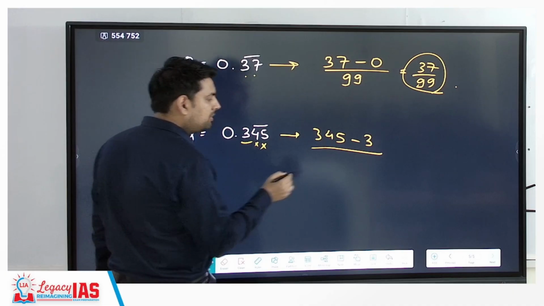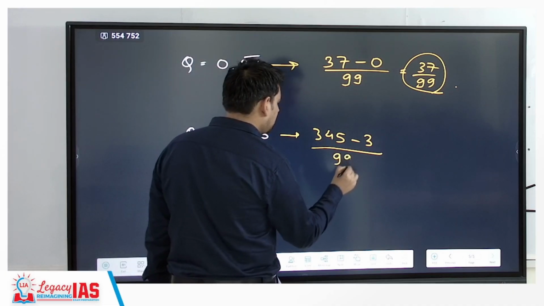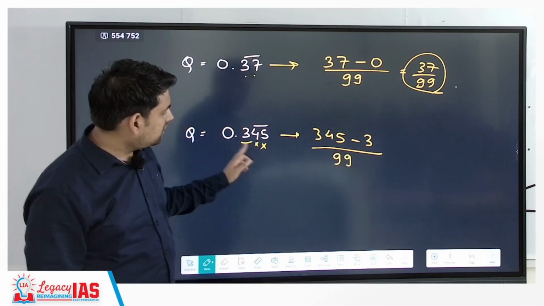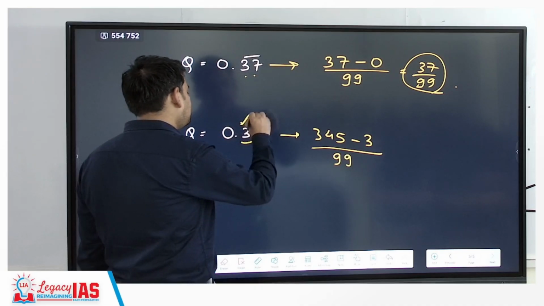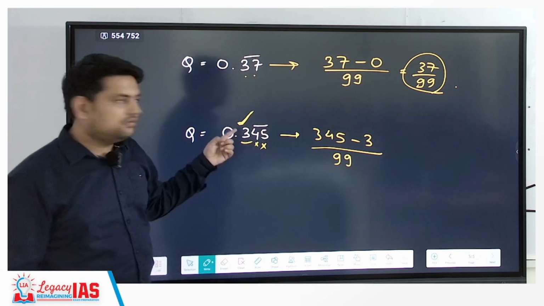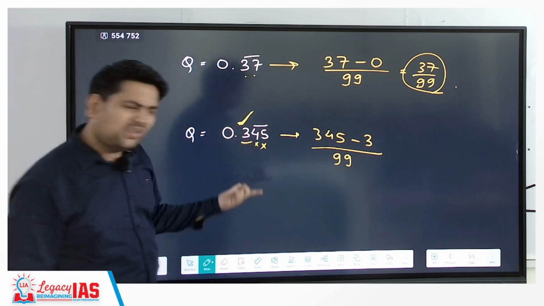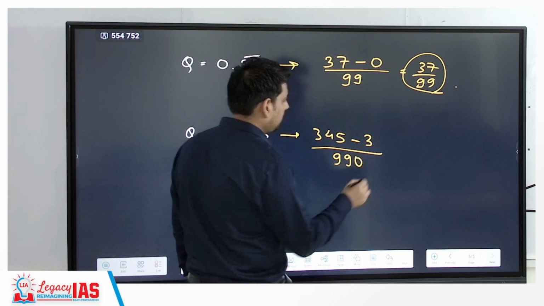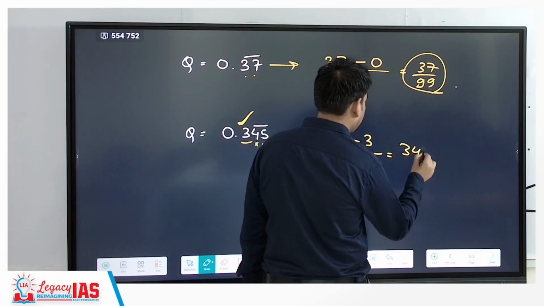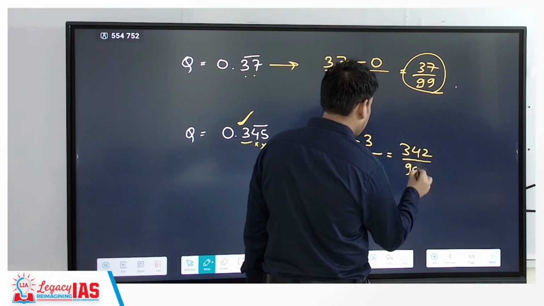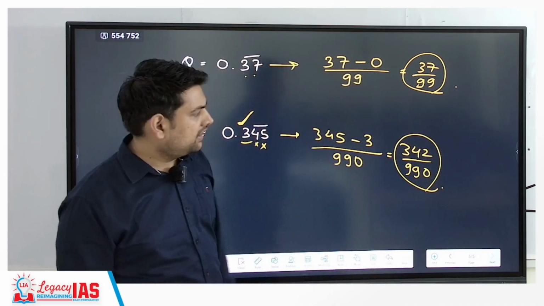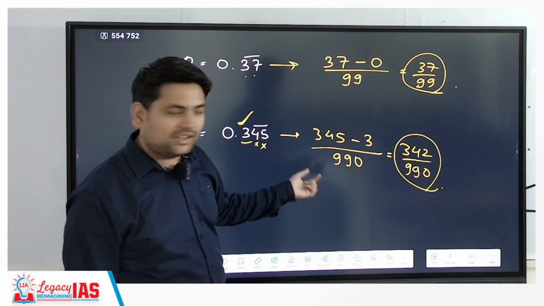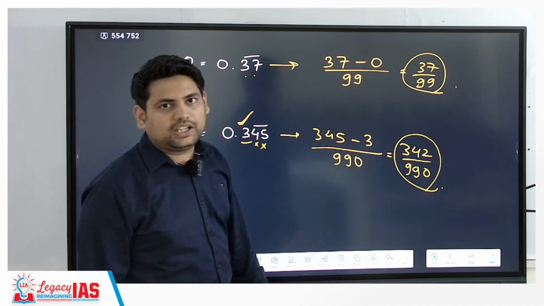How many 9s would be there? 2, because 2 numbers are with the bar. Now, how many numbers are without the bar? Only 1. So how many zeros will we have? Only 1. So add one 0. What does it become? 342 by 990. Of course, it can be simplified. That's fine. Understood? Simple. 345 minus 3 on 990.